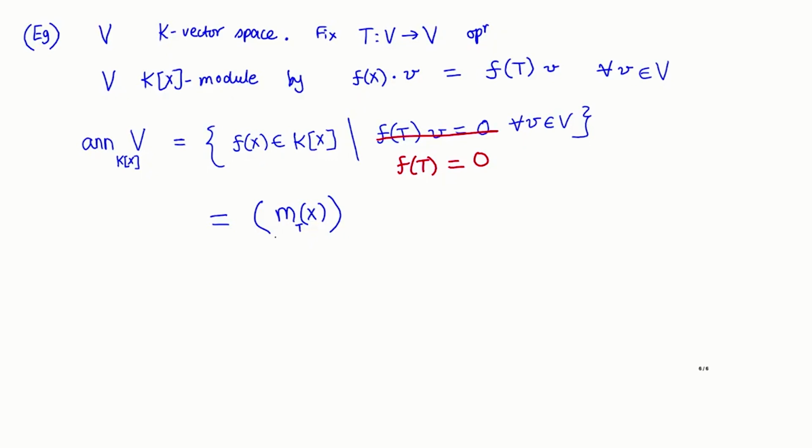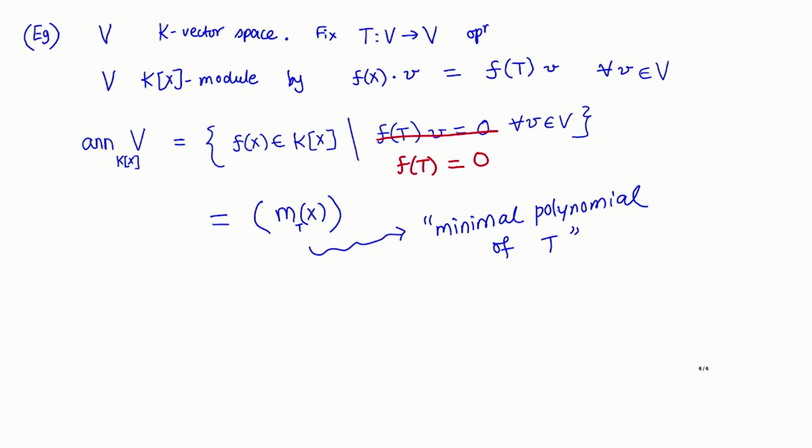And because it's the generator of the ideal, among all the polynomials which annihilate T, this is the one of the smallest degree. If you recall your linear algebra, this is exactly what is termed the minimal polynomial of the linear operator T. It's the smallest degree monic polynomial, you can normalize it to have leading coefficient 1, which annihilates the operator T.